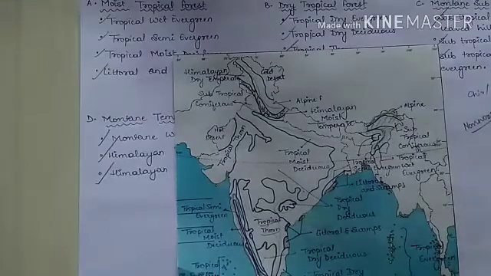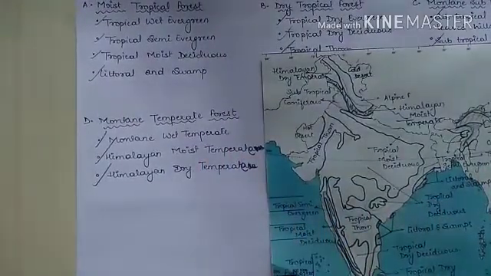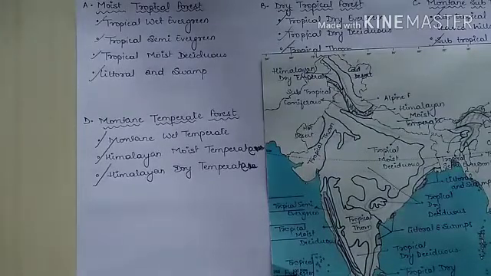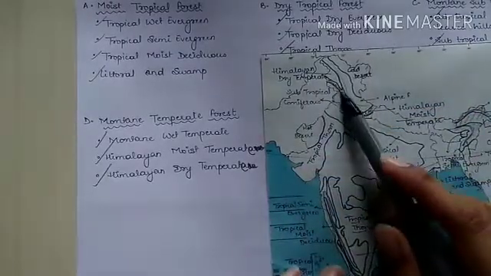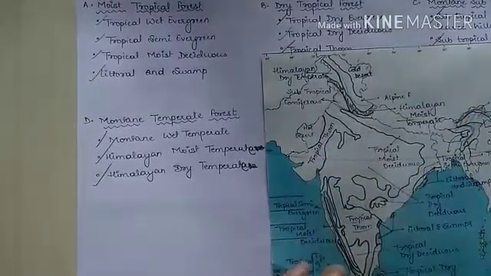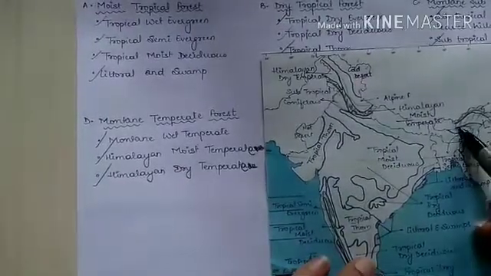Then next we have montane temperate forest. In montane temperate forest, we have montane wet temperate forest, Himalayan moist temperate, then Himalayan dry temperate. The Himalayan dry temperate forest is here, and the Himalayan moist temperate forest is here. Then we have montane wet temperate forest, which lies somewhere here.